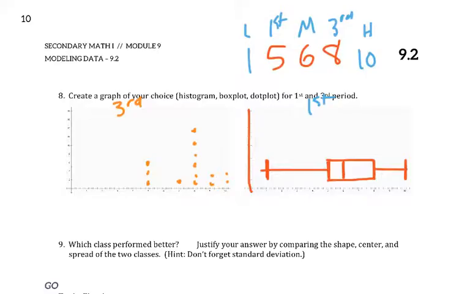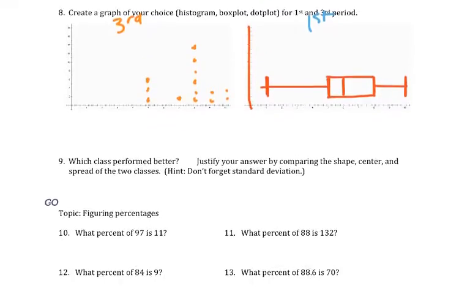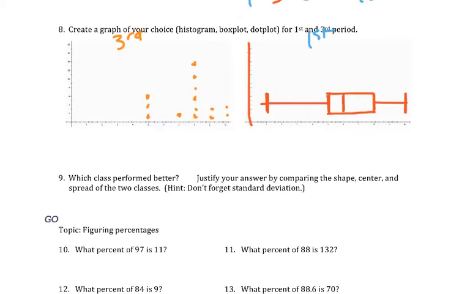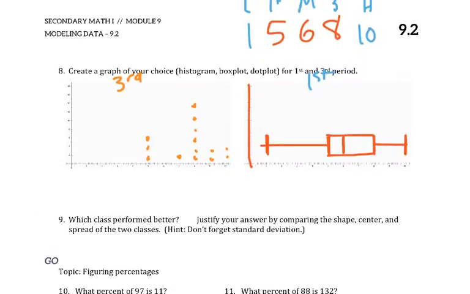Now we'd say which class performed better. Let's take a look. Here's where it's a good idea to actually make the same box and whisker plot. Our low number here would be 5, our high number would be 10. To find the median, 2, 2, 3, 3, 4, 4.